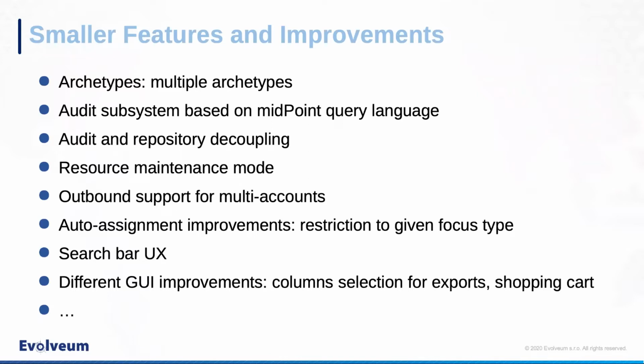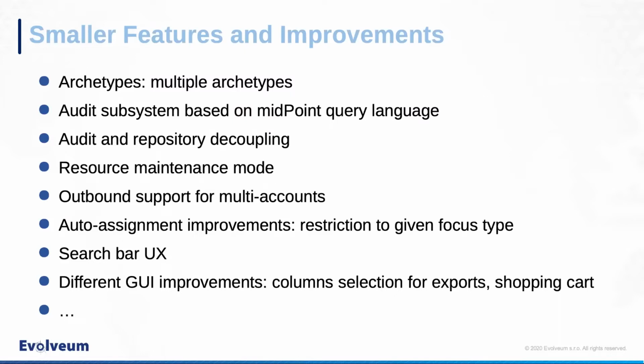Every release, and 4.2 was no different, we tried to make improvements in the UI. We know that some parts of the midPoint graphical user interface are too complex and they may lack good user experience. In 4.2, we decided to look closer at the search bar.